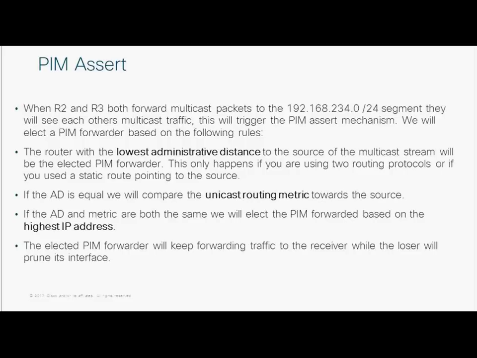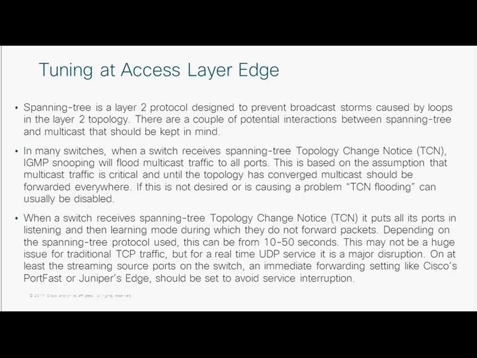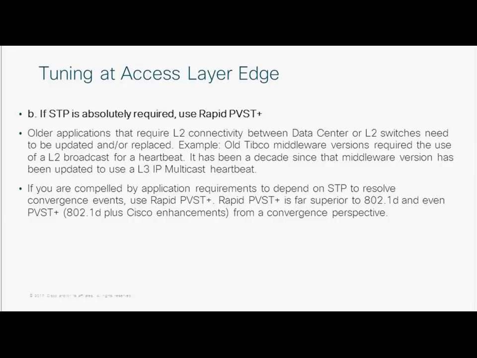Okay, now we also need to have very good tuning for a loop-free layer 2. As I was mentioning, we could have spanning tree or rapid spanning tree, and the topology changes will affect the routing protocols, as I was explaining.